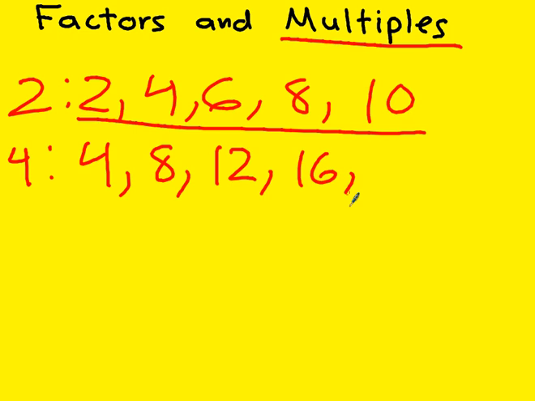The fifth one? 20. Okay. So when it's asking you for multiples, like the first 5 multiples, you're basically skip counting, multiplying that number by 1, by 2, by 3, by 4, and by 5. So those are factors and multiples.